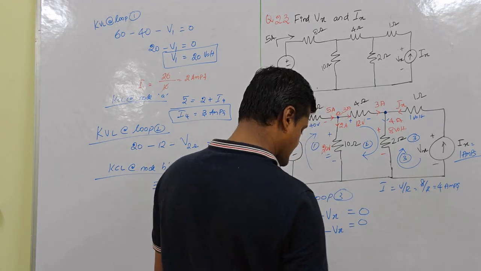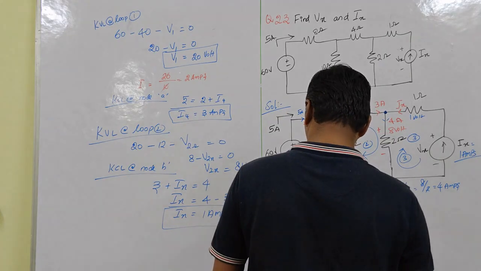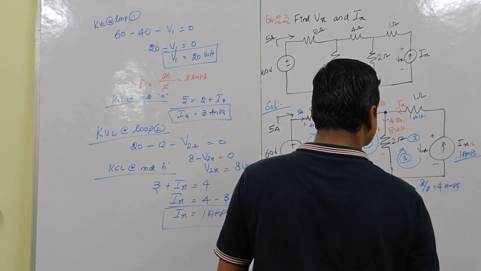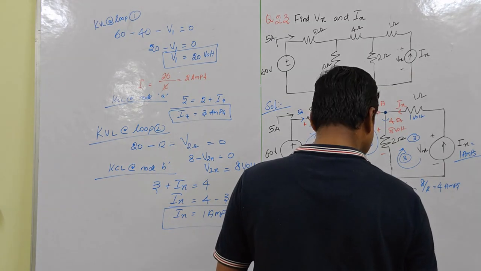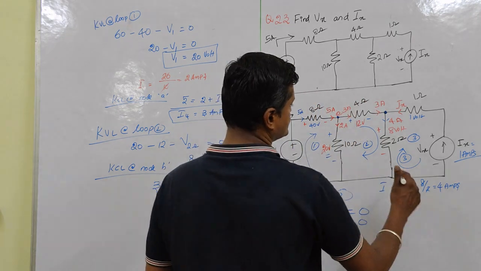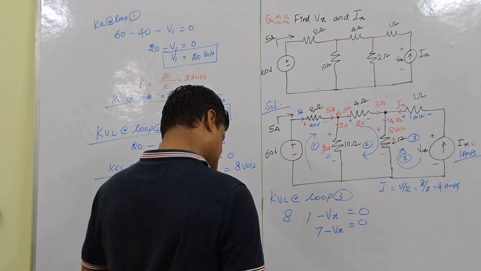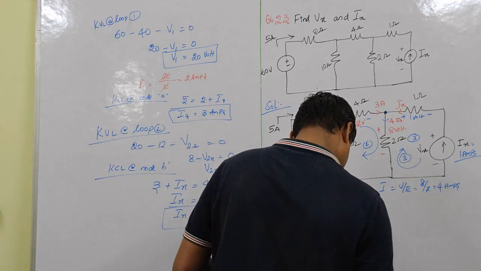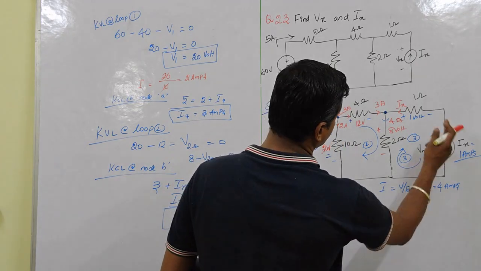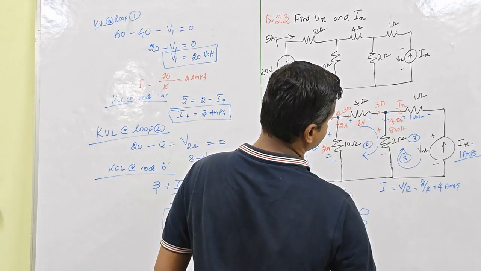So where are the plus and minus? The current entering is plus and the current leaving is minus, so that will be plus 1x and minus Vx, that is equal to 0.